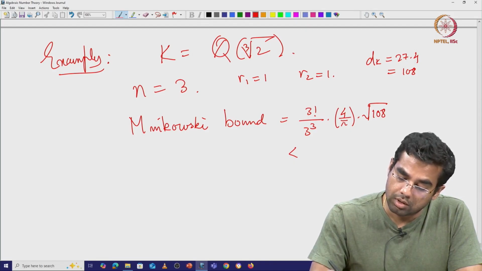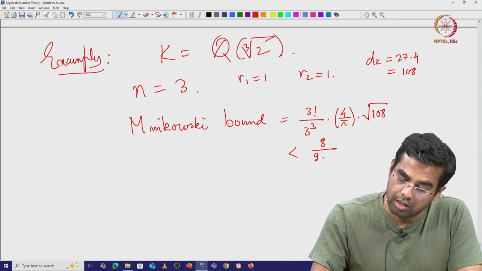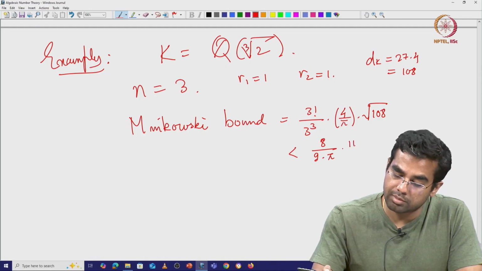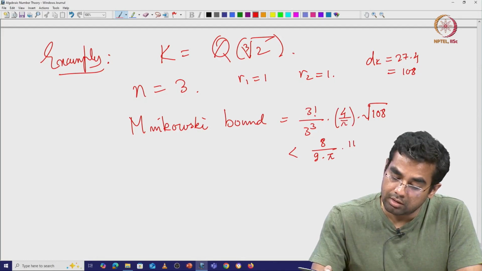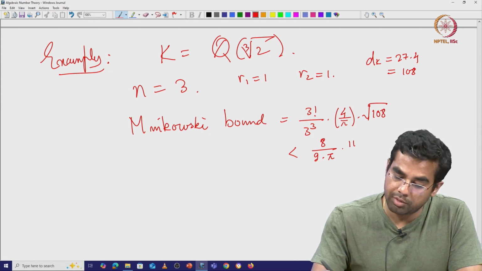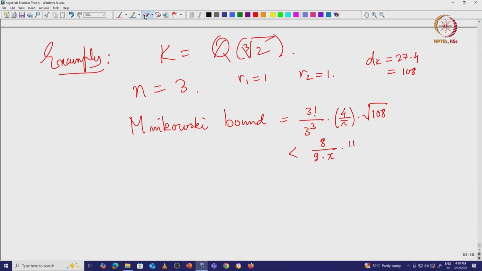So, 8 by 9 times pi into, let us say, if I approximate this by 11, so 88 by 9, which is less than 10. Maybe that is a bad idea to approximate it by 11.